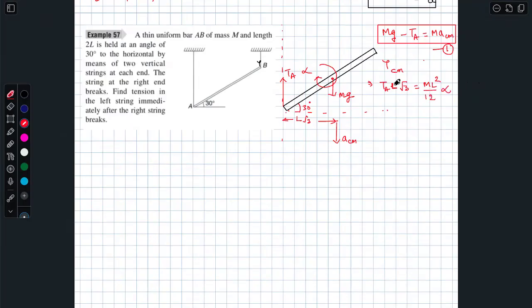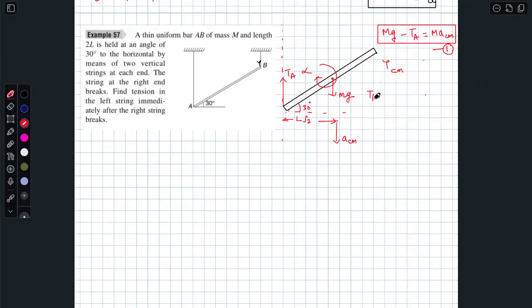So T_A is ml alpha by root 3. Again, 12 root 3. అంతేగా? Yes or no? Confirm? Right. Because it is not ml square, because the length is 2L here.